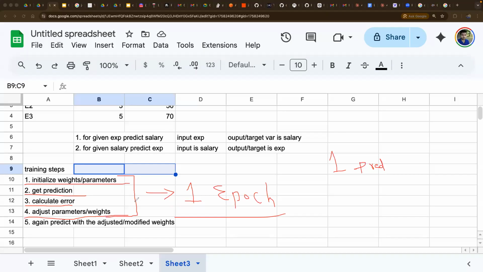So once we do this, next after adjusting the parameters, we will predict the output variable again.